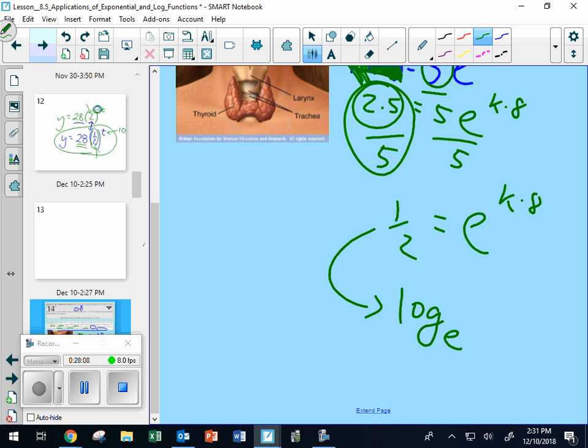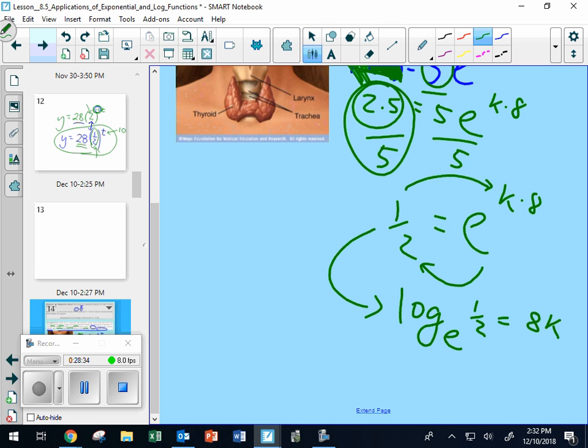E, just E. The 5's already gone. I divided by 5 on both sides. Okay. Log base E of 1/2 equals 8k, or k8, doesn't matter.